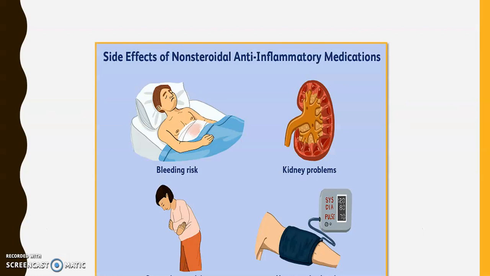So these are the overall side effects. It increases bleeding risk. It may lead to kidney problems like retention of salt, water, edema, which may ultimately lead to hypertension, and stomach upset, or you can say stomach ulcers.